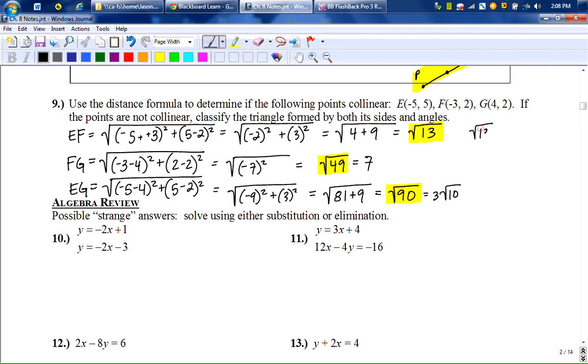And root 13 plus 7 is not going to be equal to root 90 or 3 rad 10 because I can't physically add these up. All of these should have the same radicand, which is this inner part. So that's not working. So that tells me that these are not collinear points.